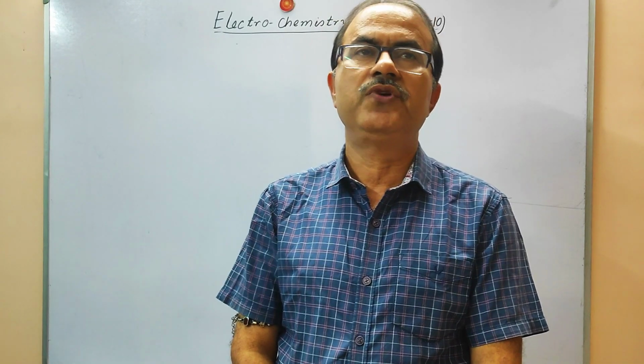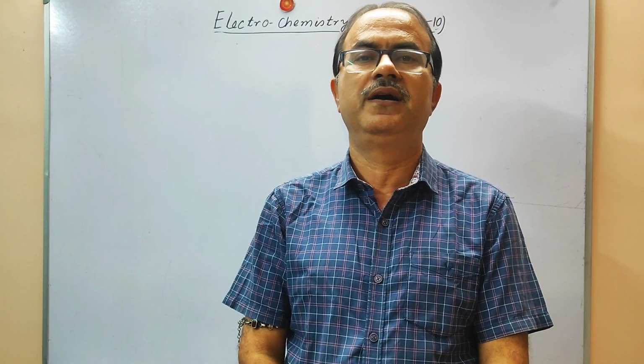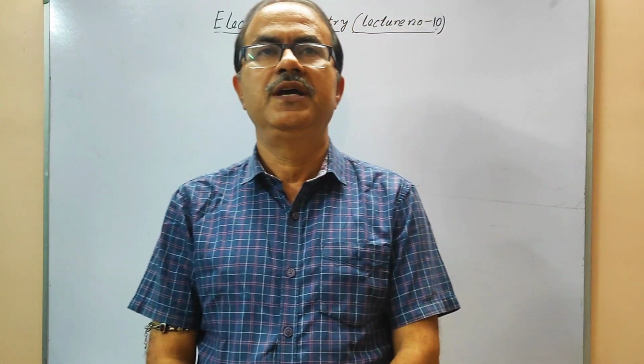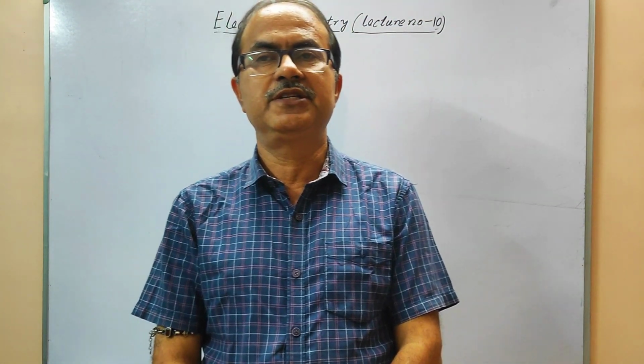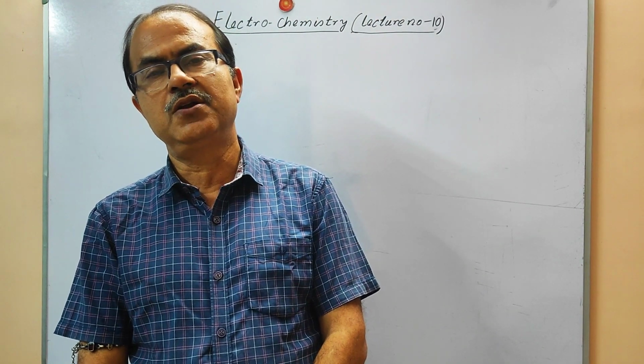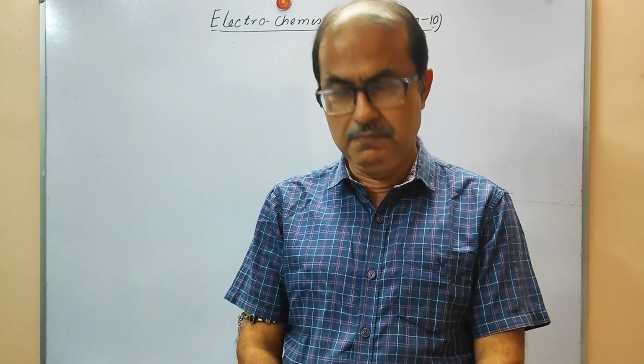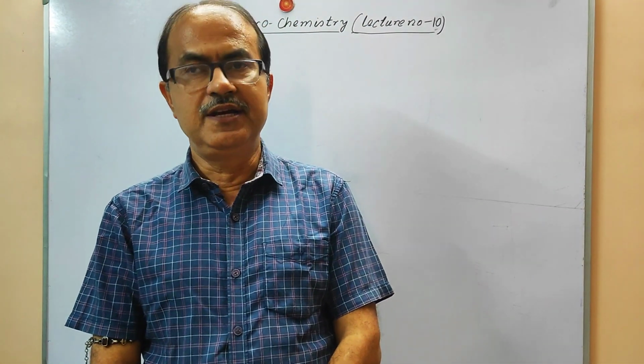In the first lecture we understood the very preliminary concept of electrochemistry. In that lecture we discussed that there are basically two parts in electrochemistry. Part one is the conversion of chemical energy into electrical energy. The second part is electric energy to chemical energy.